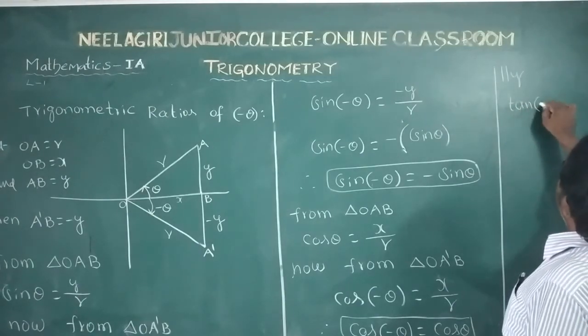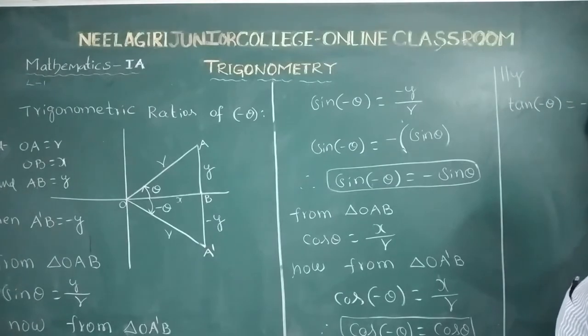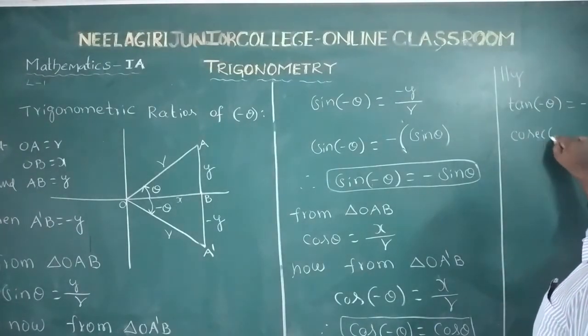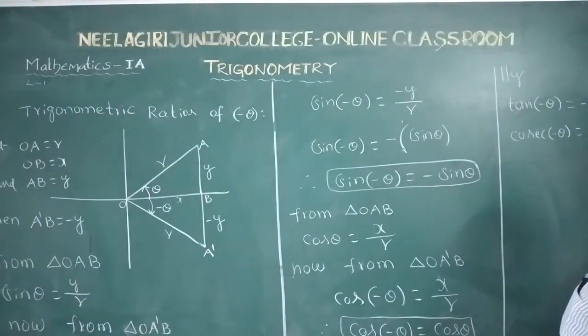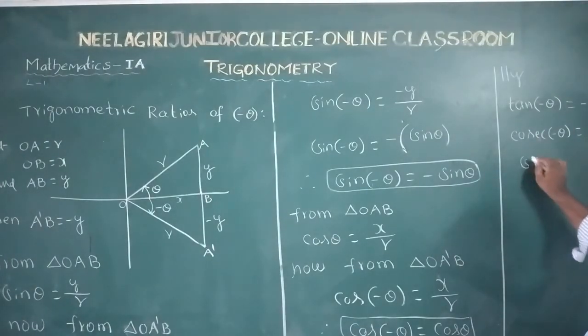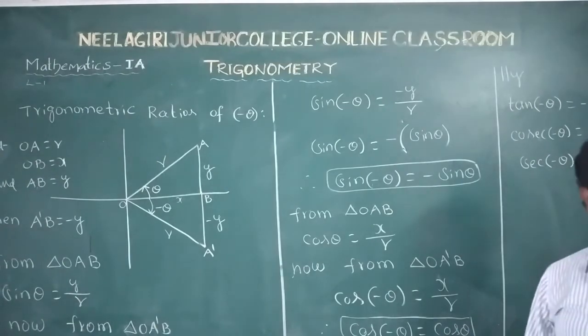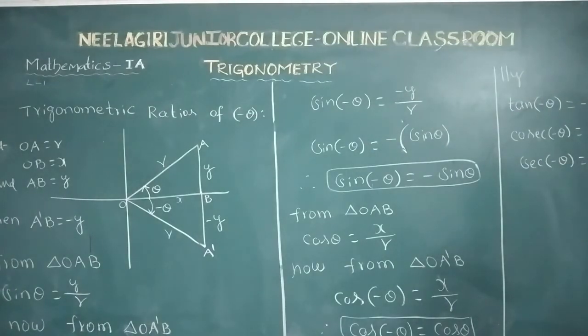Tan of minus theta equals minus tan theta, cosec of minus theta equals minus cosec theta, sec of minus theta equals plus sec theta, because cos and sec are positive in the fourth quadrant.